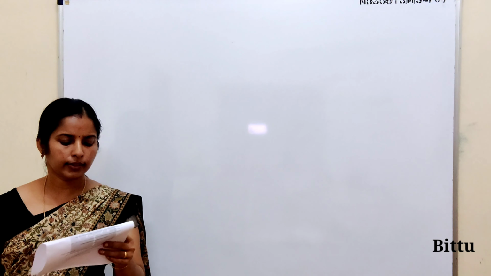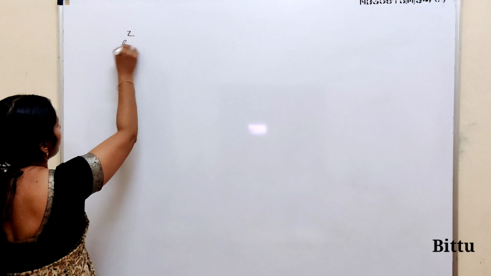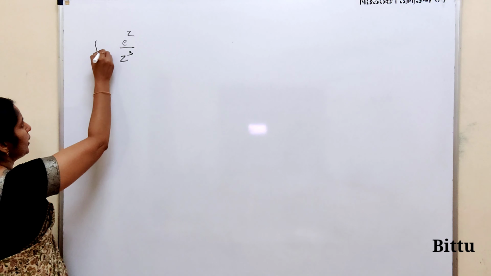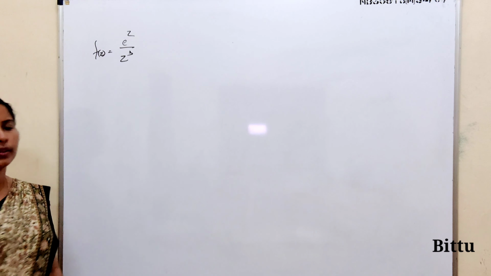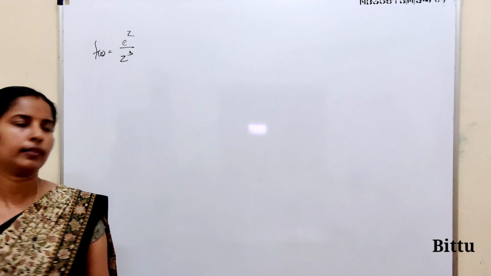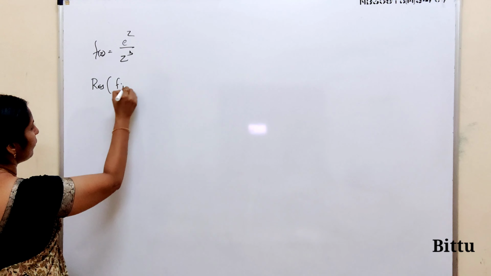Then the question is, find the residue of e raised to z by z cube. Let f is equal to e raised to z by z cube. Clearly, 0 is its singularity and it is a pole of order 3. We have to find the residue of f at 0.